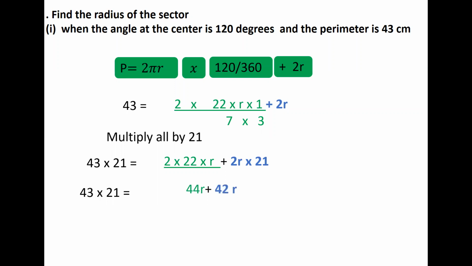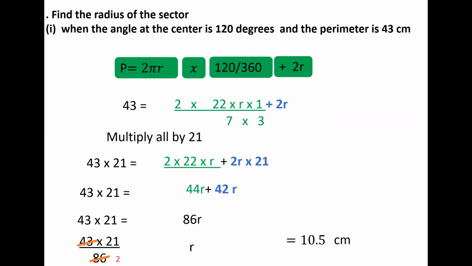So 44r plus 42r, and 43 into 21, don't do any processing here. 86r. So move this 86 to the other side, so it goes to the denominator. Now you can easily divide 86 by 43. So 1, 2. 21 over 2, answer is 10.5 centimeters.